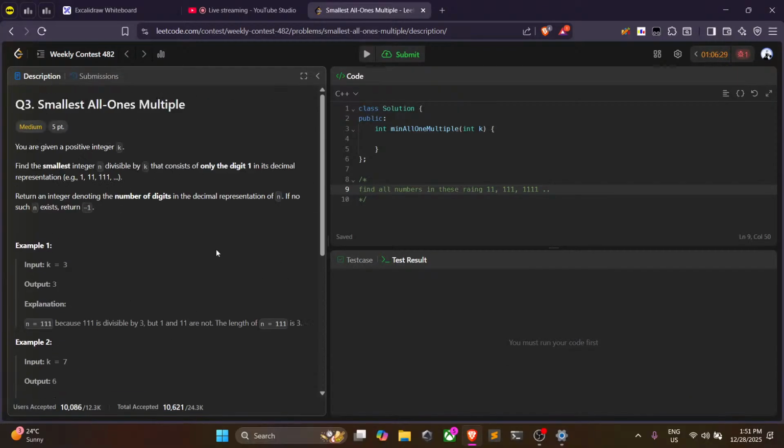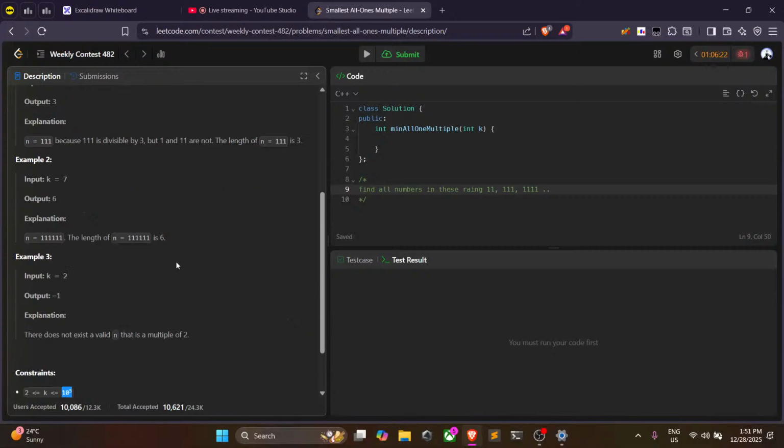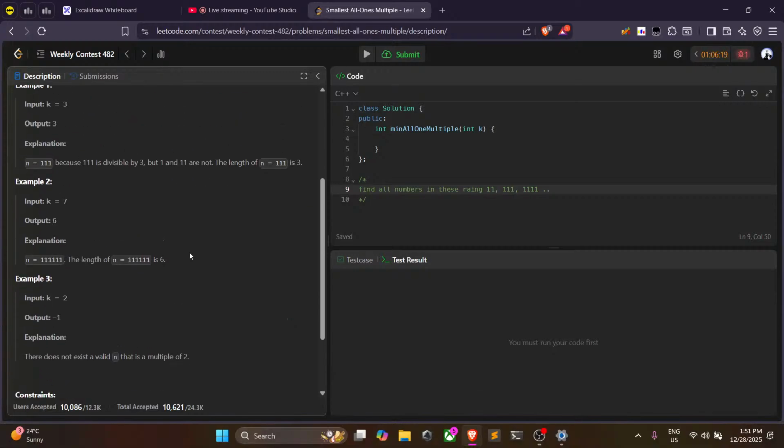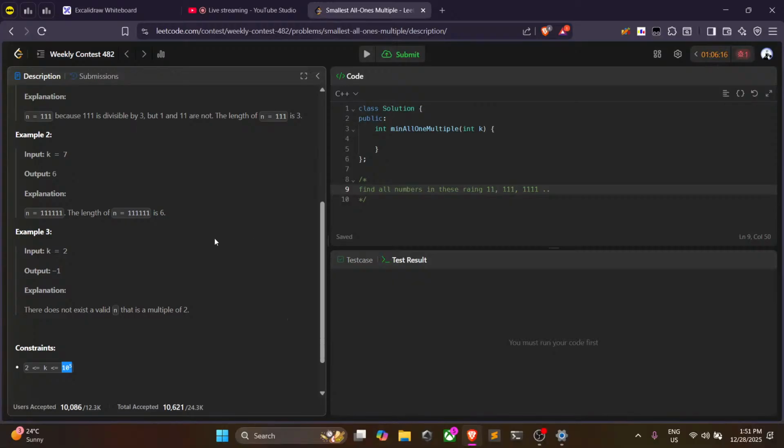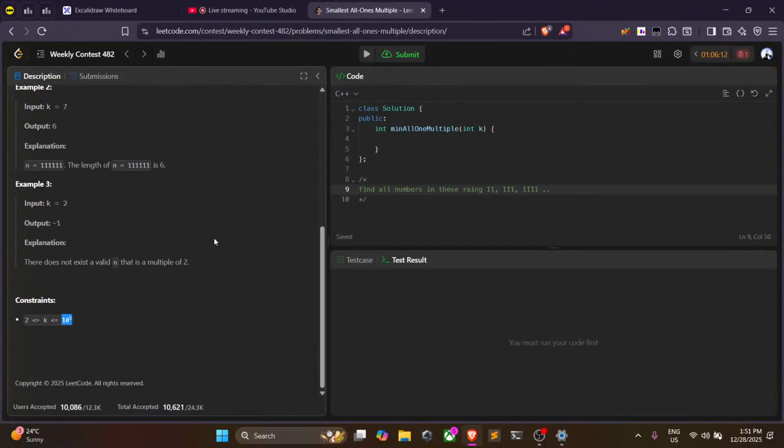So what could be the observation for this? I think, what could be the upper bound of this?